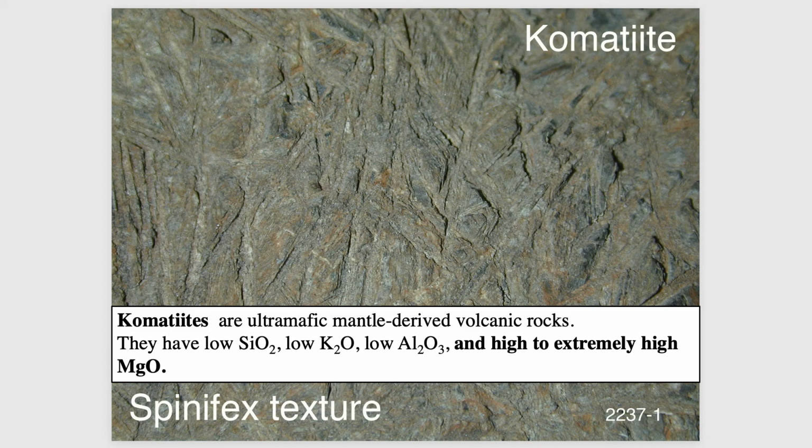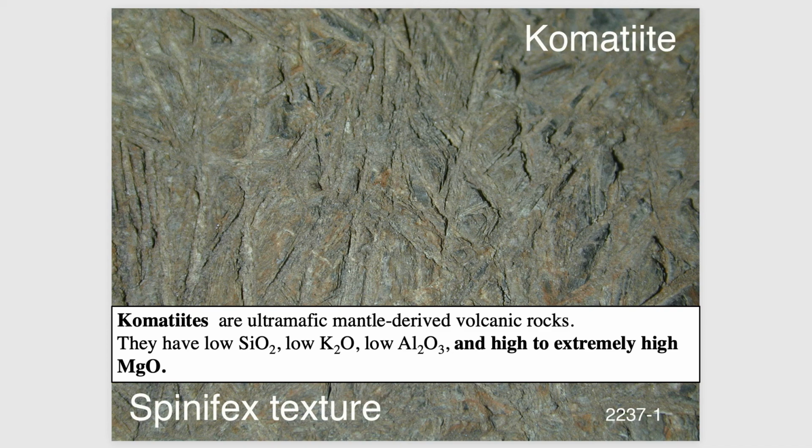Here is an example instead of a characteristic texture you will find in komatiites. So remember, komatiites are ultramafic mantle-derived volcanic rocks, so lavas that tend to crystallize from relatively picritic compositions of magmas, so magmas that are really olivinic in composition, so they contain a lot of magnesium.